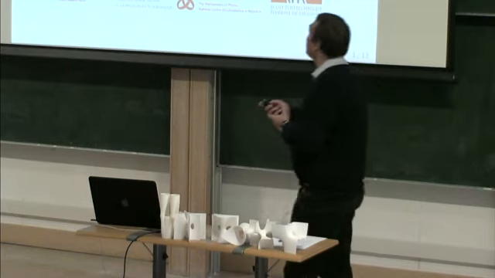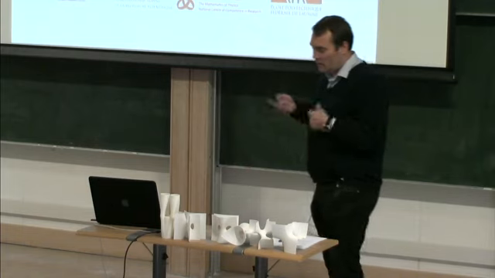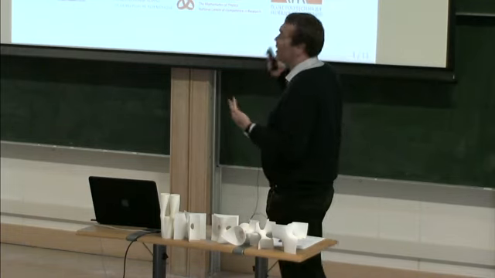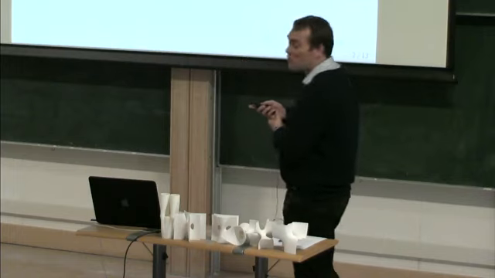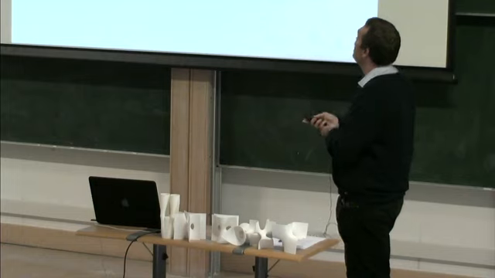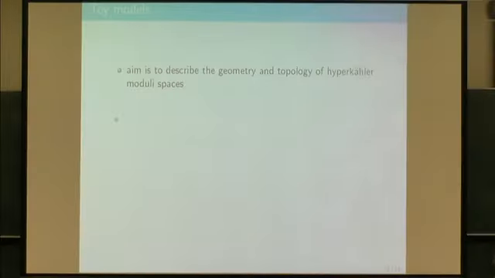Okay, so let me first try to explain why I am interested in toy models. The general problem I have been studying is to understand the geometry and topology of hyperkähler moduli spaces in general.